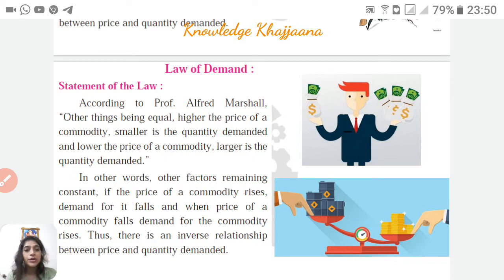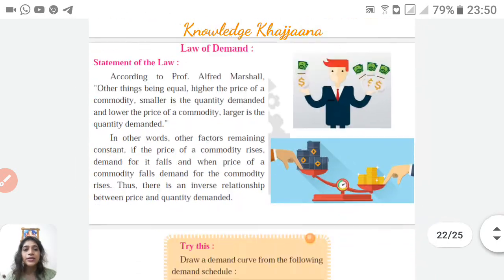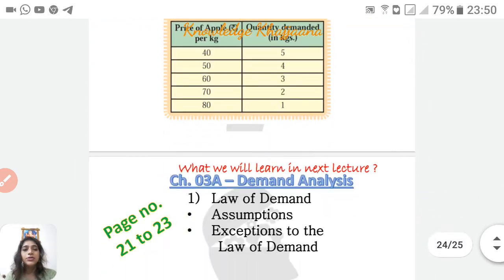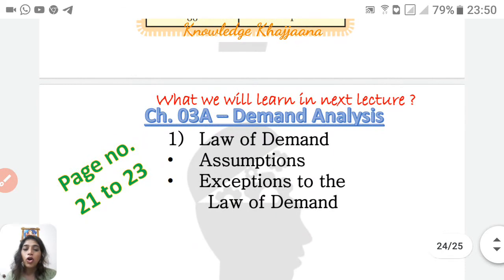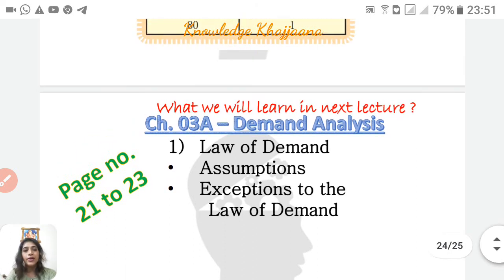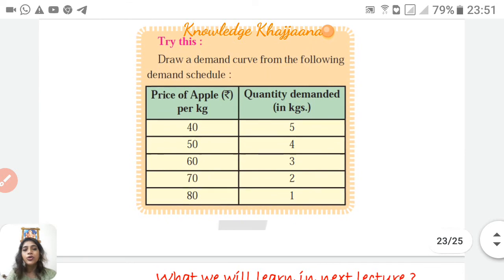If you want to prove some law, then you have to assume something. That we are going to learn in our next lesson, that is assumptions: the law of demand, which can be put along with some assumptions. Then there are some exceptions to the law of demand also, which are given on pages 21 to 23. And what I expect is that you should solve them.